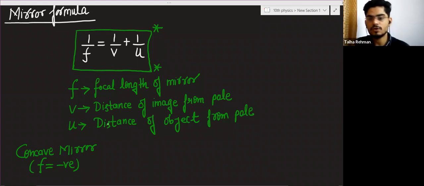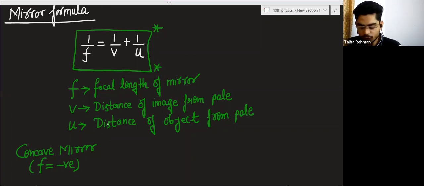Everyone can apply the formula very easily, but they get a problem when they put in the values with sign. Sometimes they take u as positive, sometimes they take u as negative.